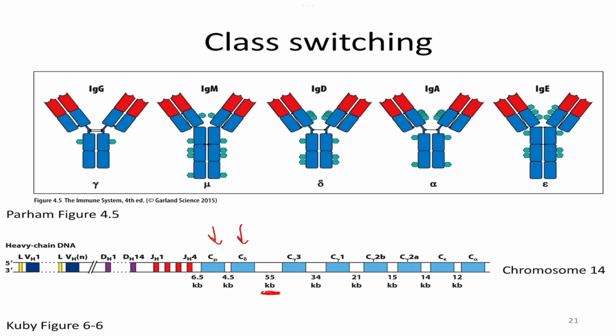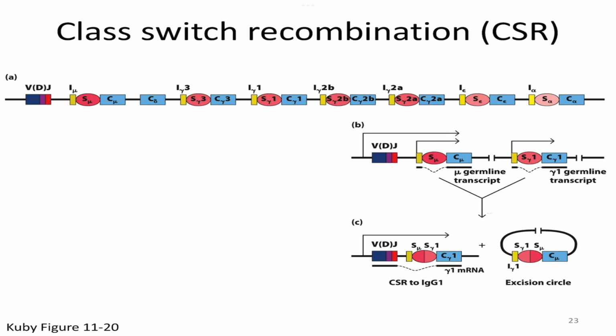And so in order to have the cell produce one of those other types of constant regions, we need to delete this intervening DNA in order to make the constant region that we choose. This happens through a process known as class switch recombination. We find upstream of each of our constant region areas of the genome something called a switch site.